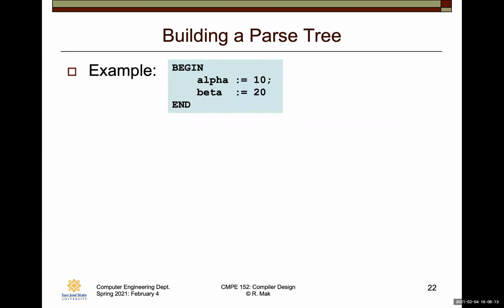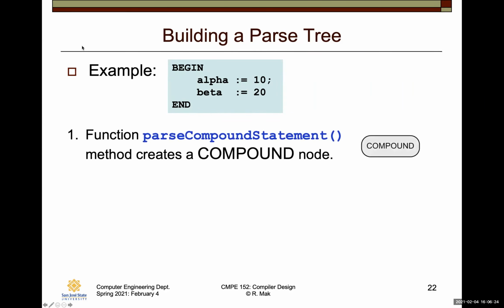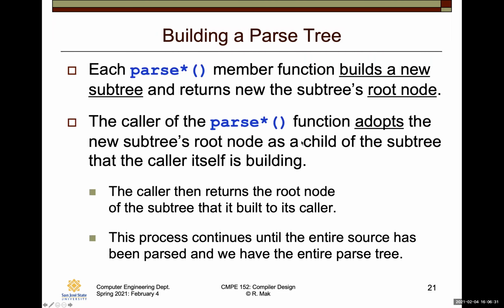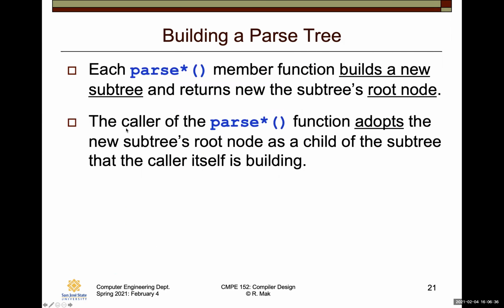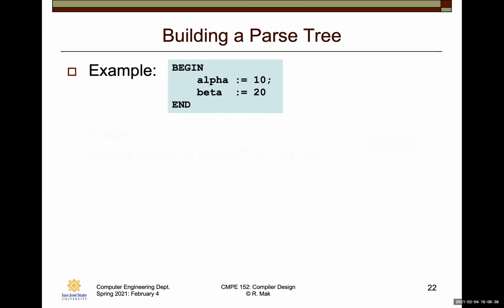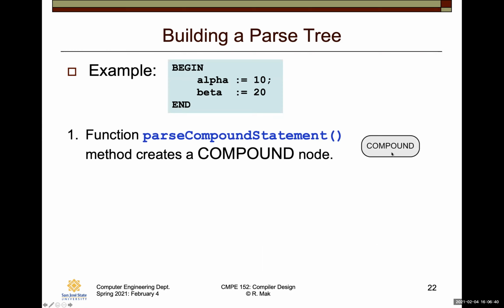All right. So here are a couple of simple assignment statements in Pascal. Obviously this is a compound statement, and so parse compound statement is called. Now, parse compound statement is one of these guys, and so it goes and creates a compound node, because that's going to be the root of the compound tree.